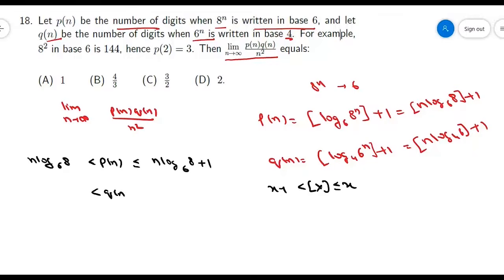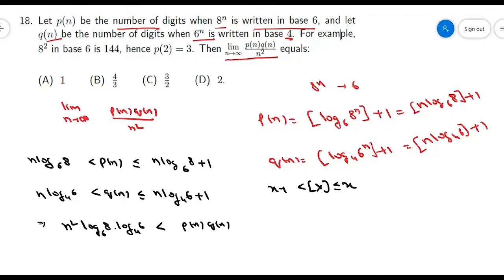In the same way, Q_n will be less than n log 6 base 4 plus 1 and greater than n log 6 base 4. Now if we multiply them, we can write n square log 8 base 6 into log 6 base 4 is less than P_n into Q_n and it is less than (n log 8 base 6 plus 1) into (n log 6 base 4 plus 1).